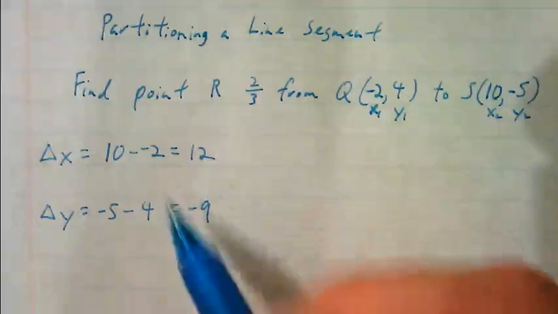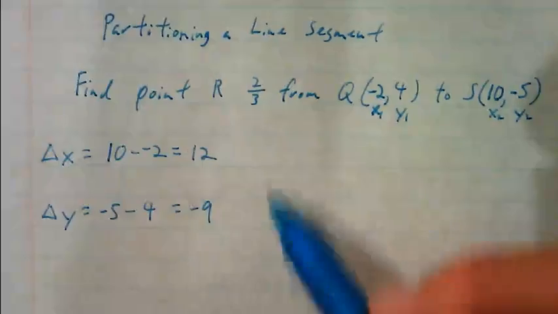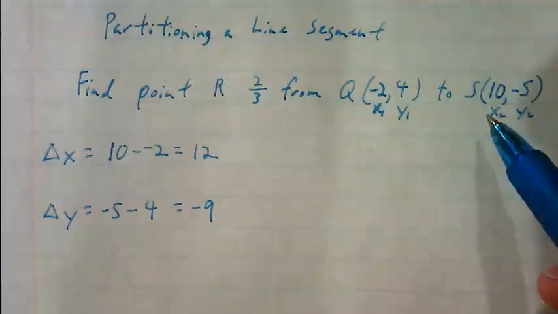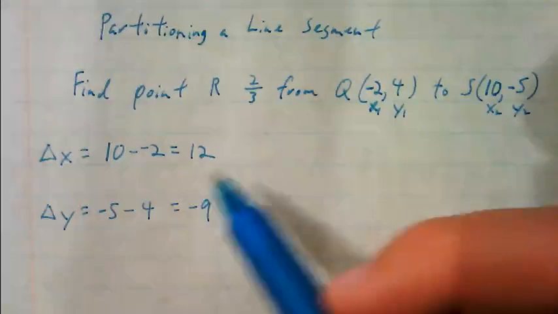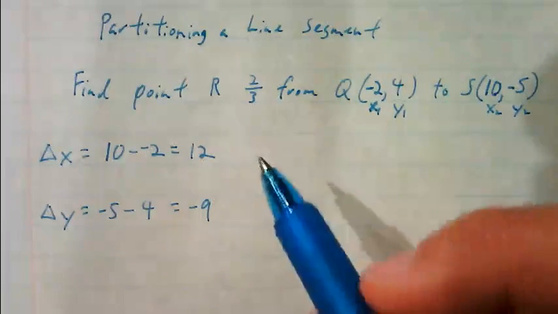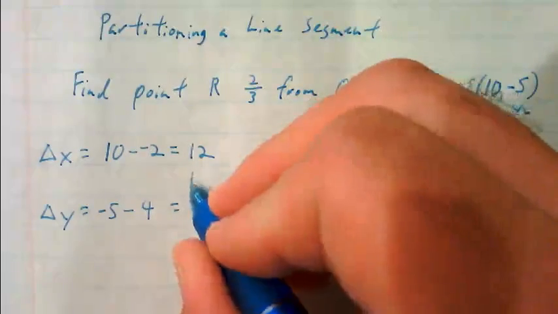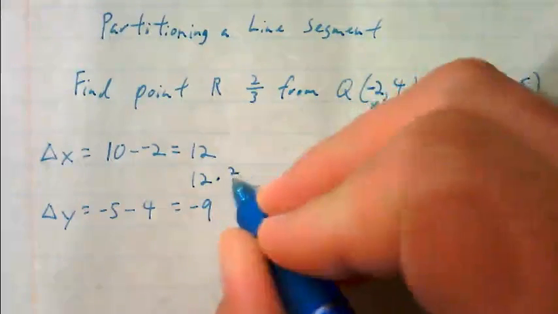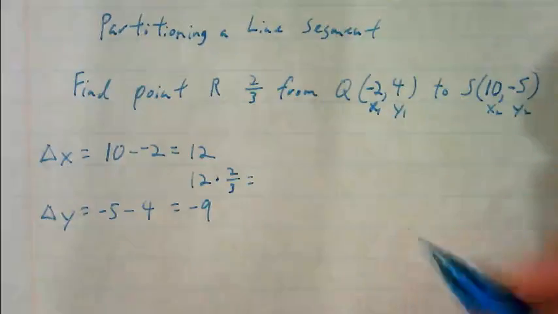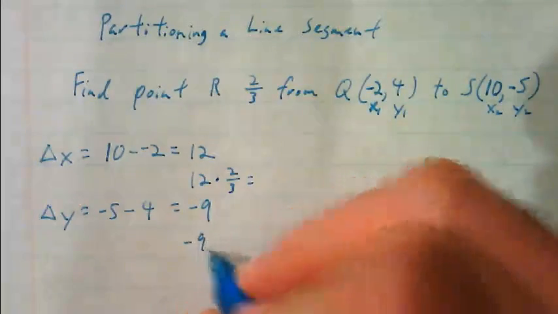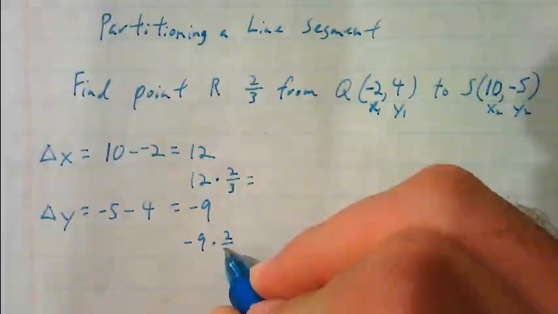So, once I have found the distance that I've moved from Q to get to S, now I have to do the 2/3. So I'm taking this length, and now I'm going to be doing 2/3 of that length. So 12 times 2/3, and -9 times 2/3.